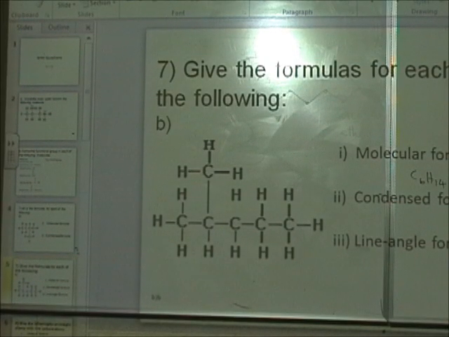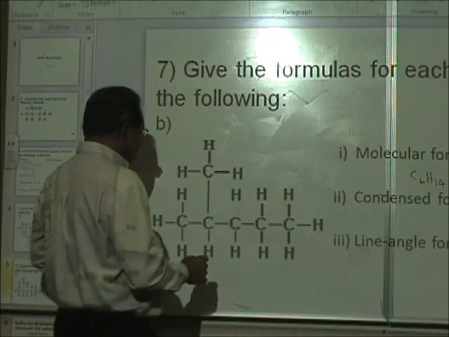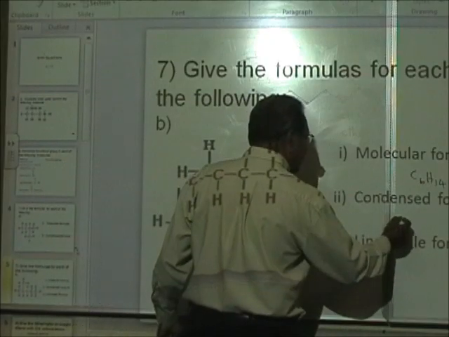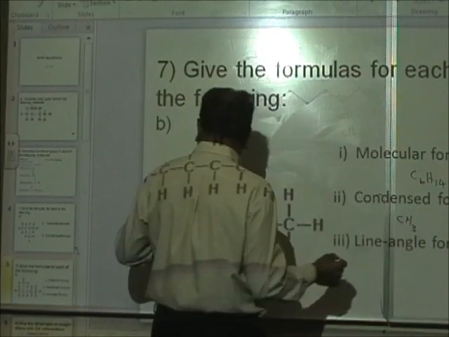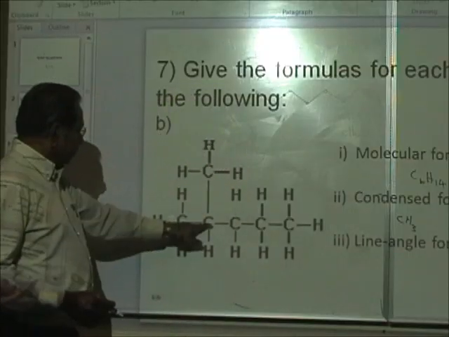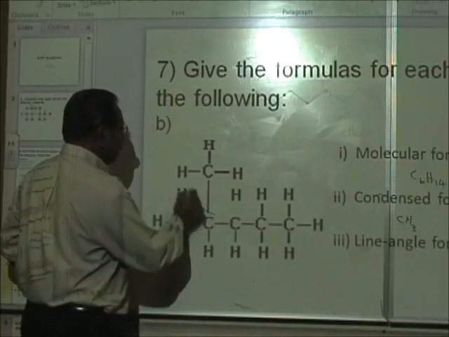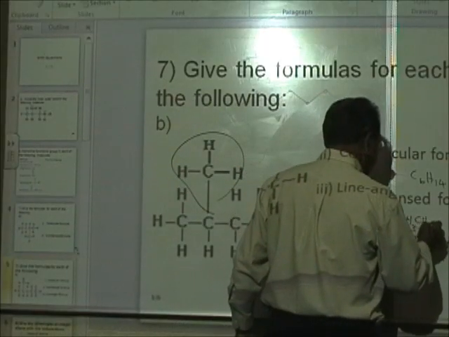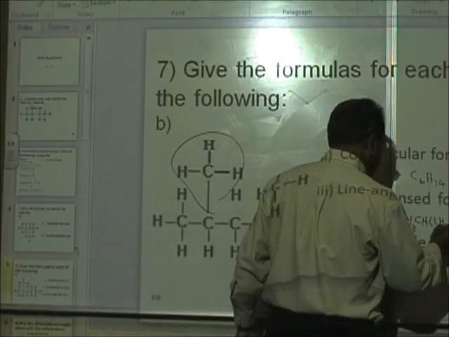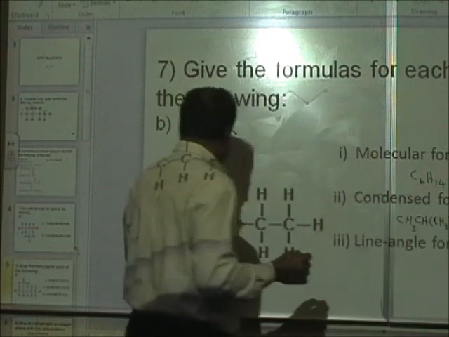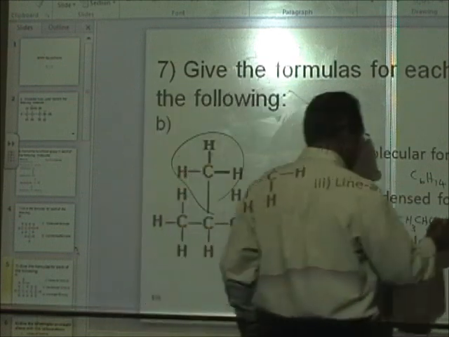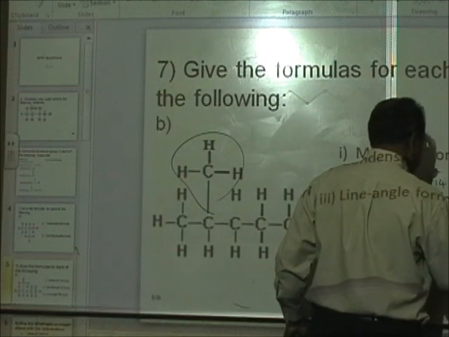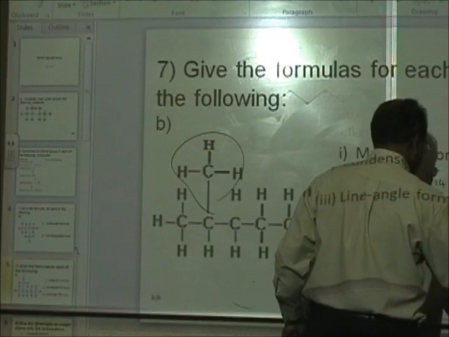Okay, what would be the condensed formula? So you have to know that this has to be a CH. Isolate this group here. That's going to be CH, and that's going to be CH3, right? And the rest is going to be CH2, CH2, CH3.